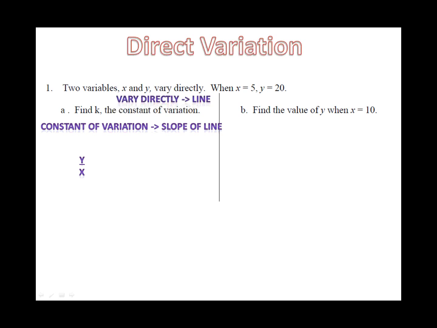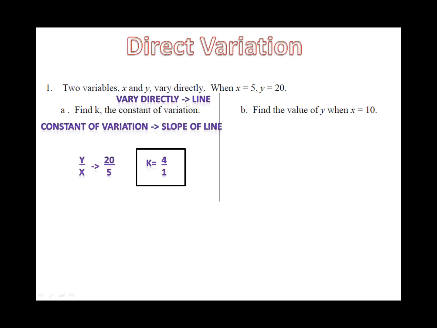And remember, slope is y over x. Because they told me it's a line, and they gave me a y and an x, I can plug those numbers in. Y over x is 20 over 5, or 4 over 1. So the slope of the line is 4 over 1, which is also the constant of variation.